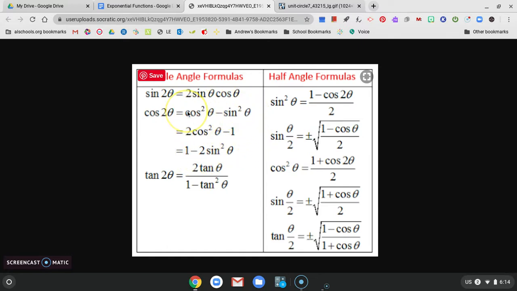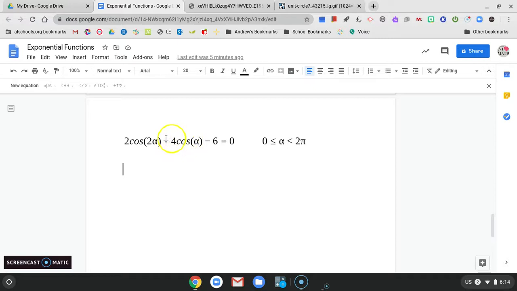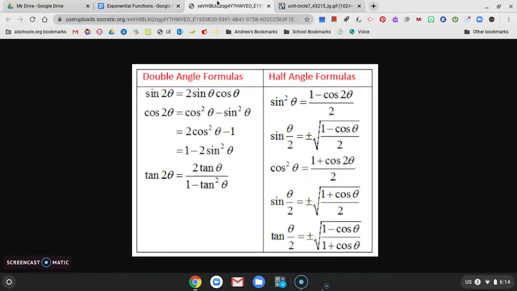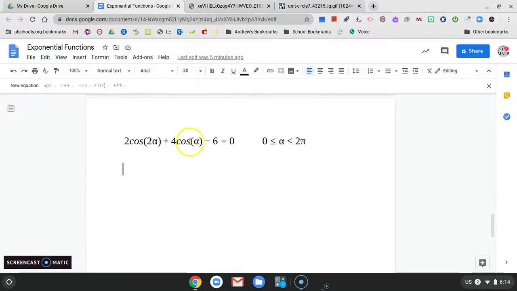And they're all basically the same thing, just rearranged in different ways depending on your needs. Since we need cosine to stay cosine, I'm going to choose 2 cosine squared theta minus 1. I'm not going to choose the one that has sine and cosine because that wouldn't be as helpful in solving this problem. And I wouldn't choose the one with sine in this case because, again, I want to keep with cosine if I can. So I'm going to make a substitution.